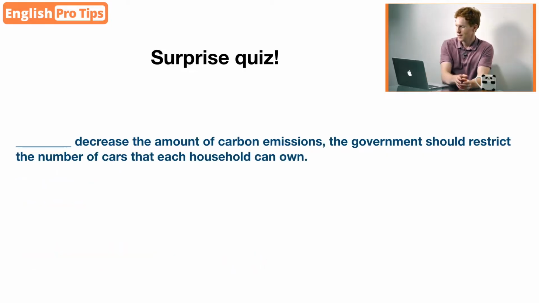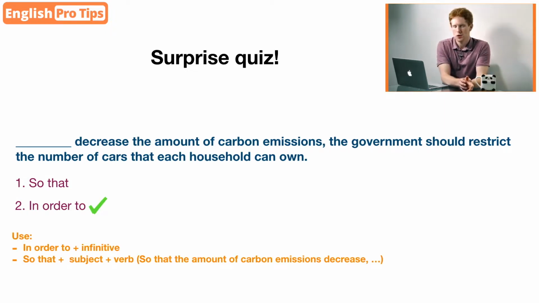Okay. Next question. Something decrease the amount of carbon emissions. The government should restrict the number of cars that each household can own. Our two options, so that and in order to. What is the correct answer? In order to.